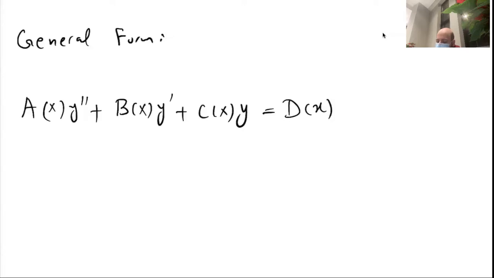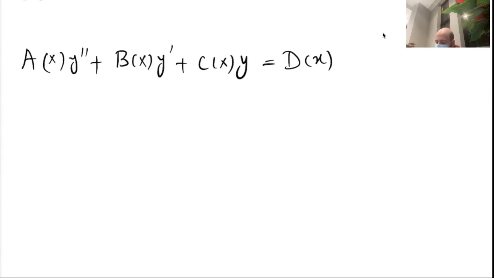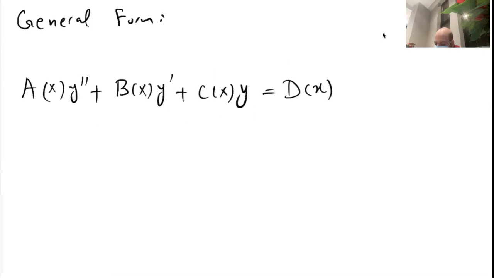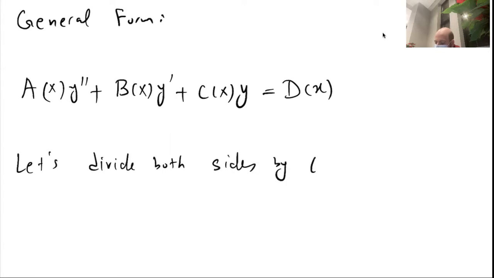So here also, if we divide both sides by the leading coefficient, which is a of x, then the leading coefficient becomes 1. So let's divide both sides by a of x, which is, by the way, non-zero.